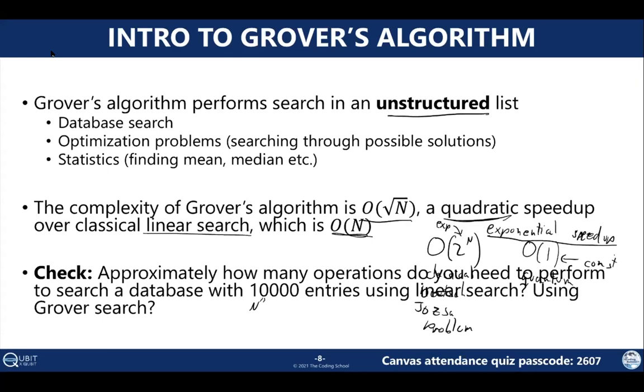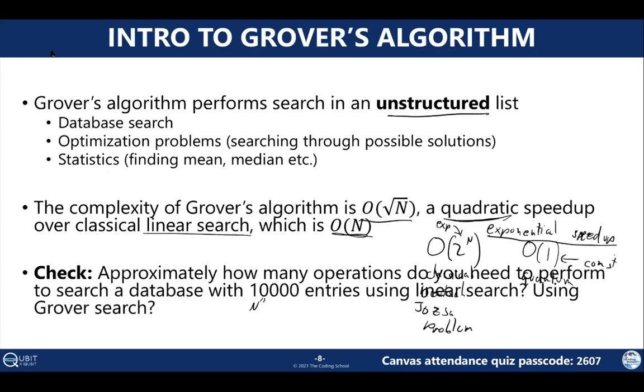Can anyone give me the number of comparisons for both classical and Grover search? Thank you. Elon and Surya, you guys are both right on.